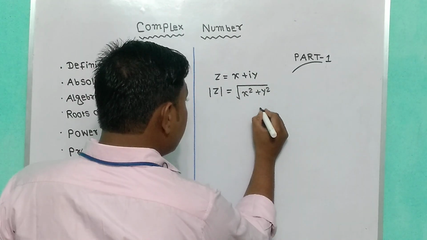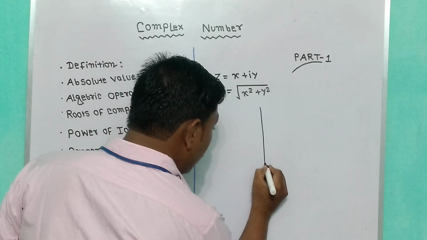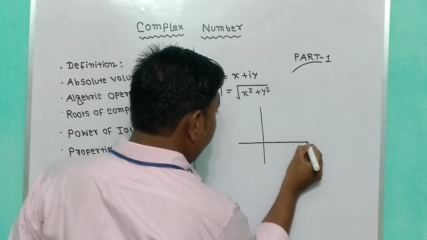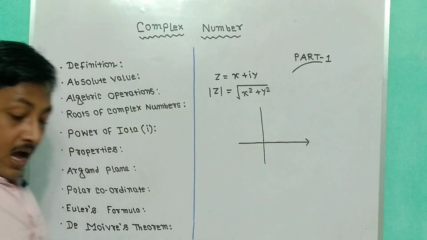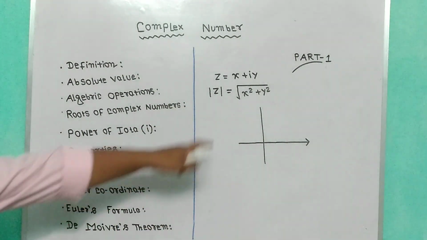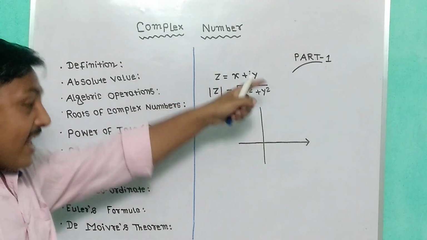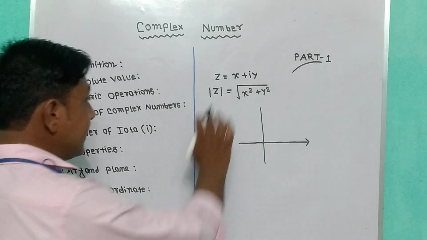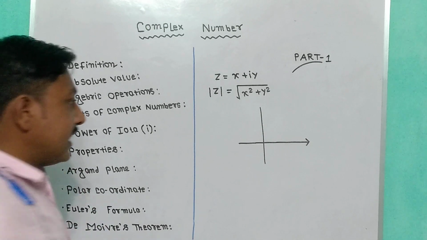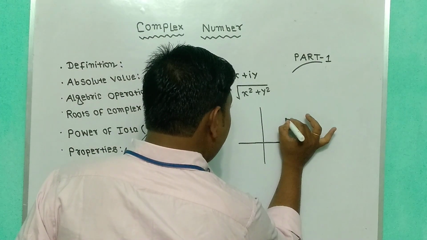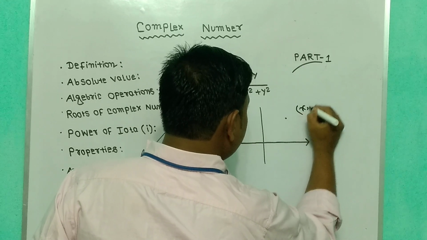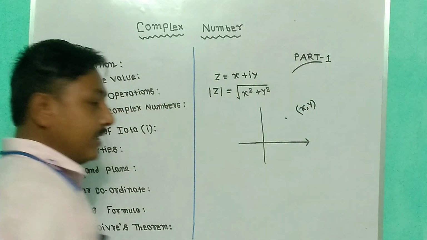Okay, at first we are drawing the 2D graph. Now see, in this 2D graph we can say that here x and y belong to the real number set. That means x and y both are positive. That means this lies at this point, x comma y.